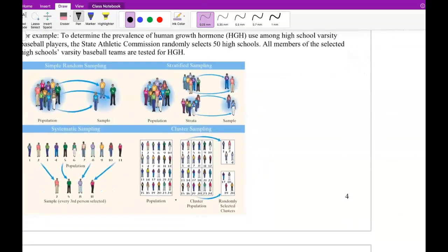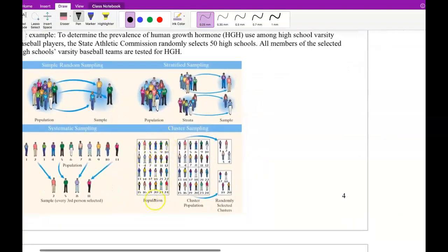I'm going to use this one. Here we have the population, the first part. Then on this part we have the cluster.